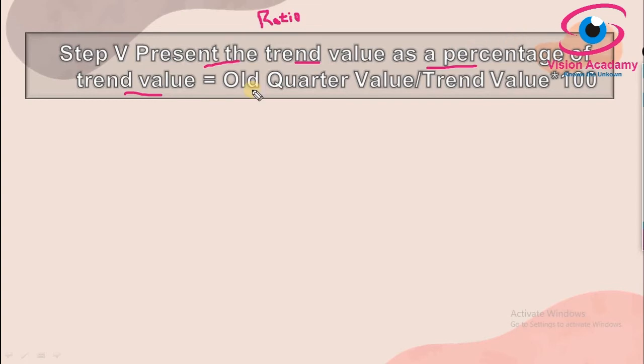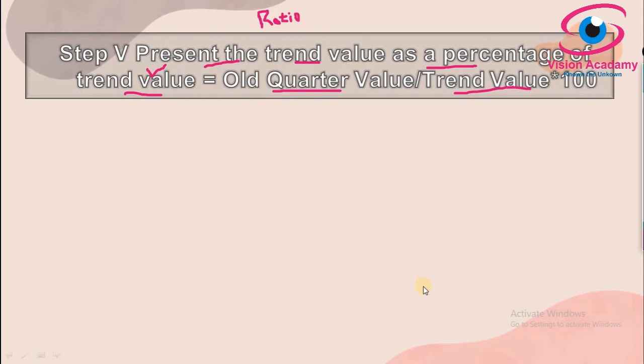The formula for taking percentage of trend value is old quarter value divided by trend value into 100. This is a very simple formula. The old value is given in the problem, which I showed you in the first slide. In that problem you have the quarterly value, that is the old value, divided by trend value into 100. We have to make it.